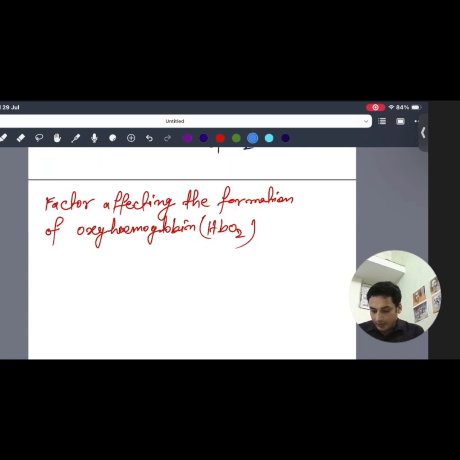The other factor is pH, and the third factor is the partial pressure of O2.